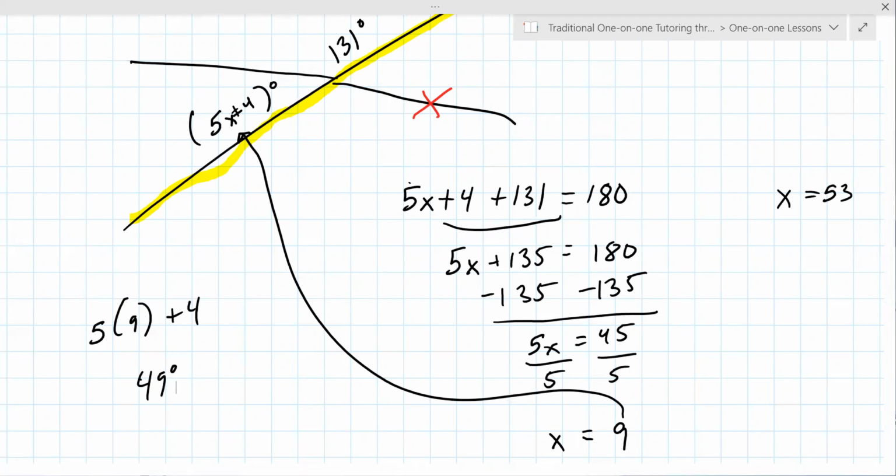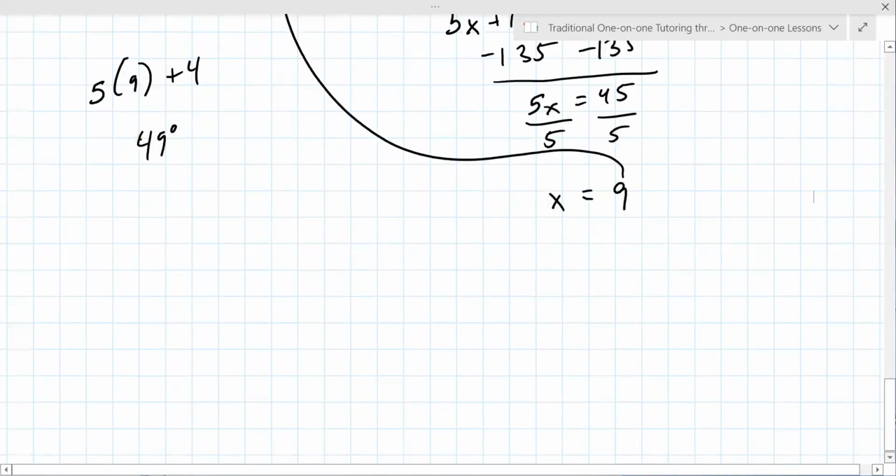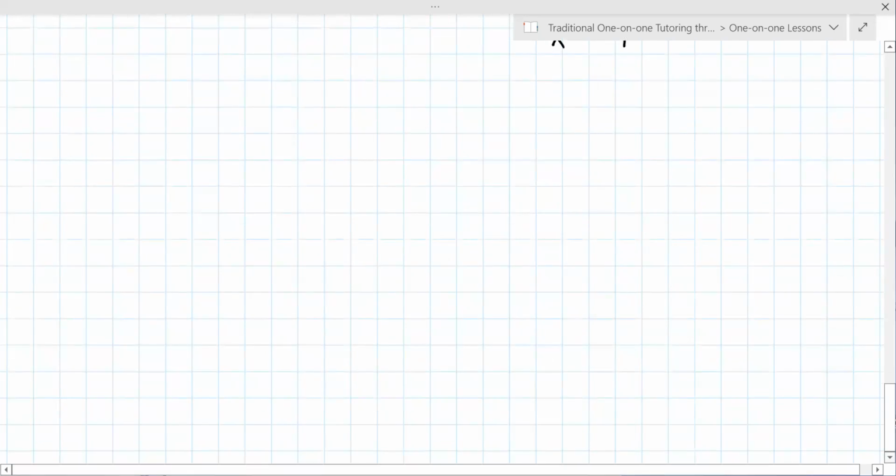Okay, so let's move on to something else. Or do you want one more of these to work on? Well, maybe no. Okay, all right, so we're going to now move to the exterior angle theorem.